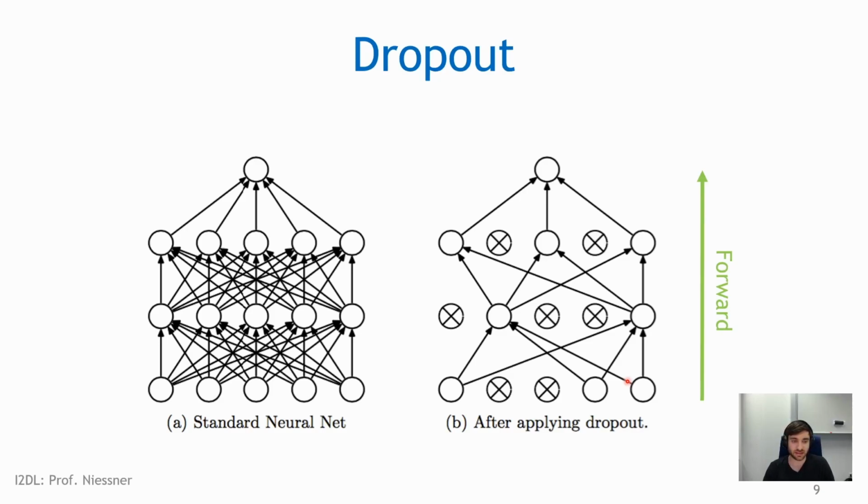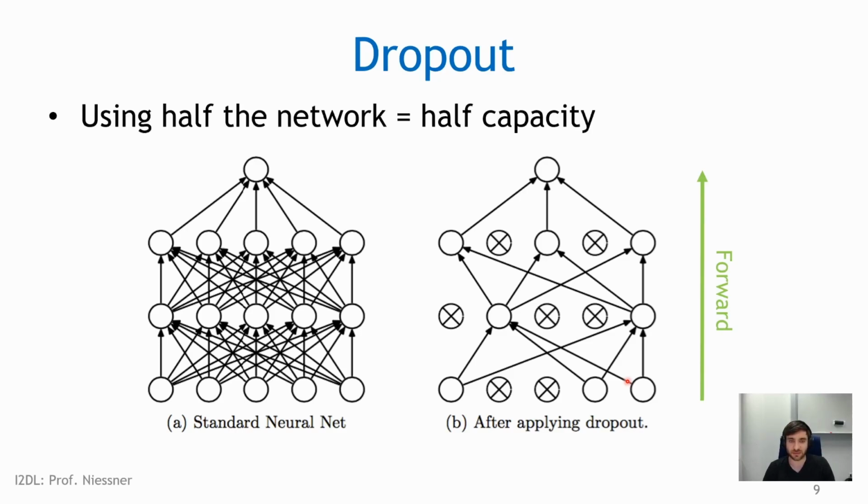With a certain probability, we literally drop out a certain amount of weights during training. That reduces the capacity of the network and forces it to train with the remaining neurons. And similarly to batch norm, there's also an optional part in the exercise where you can look at Dropout yourself and implement it in the notebook.